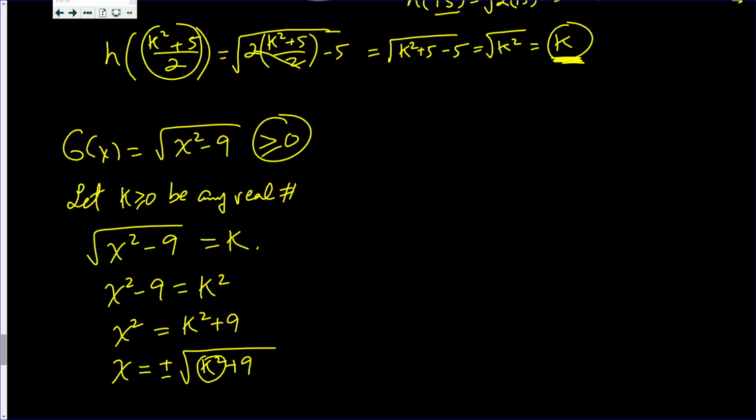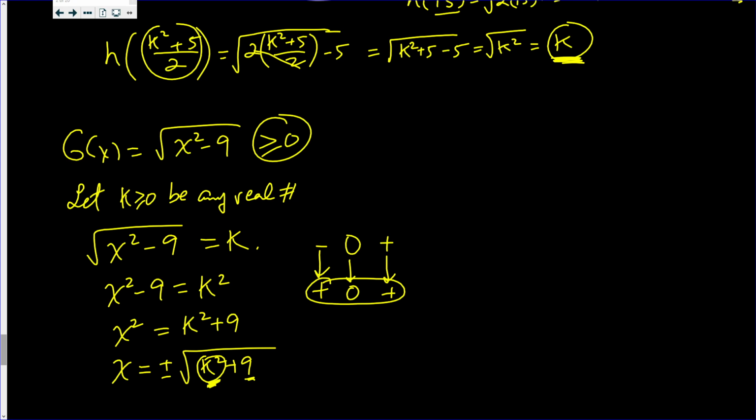There are 3 types of numbers: negative numbers, 0, and positive numbers. If k is negative and you square it, it's positive. If k is positive and you square it, it's positive. If k is 0 and you square it, you get 0. The least you're going to get is 0. K squared is 0 or more.